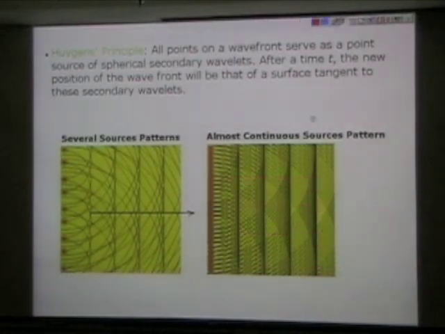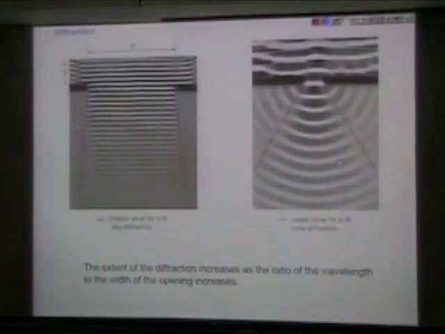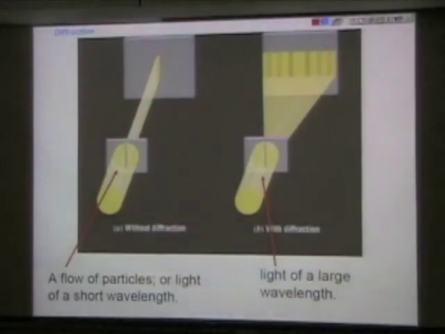However, as long as the wavelength is of similar size to objects, openings, obstacles, in that case, the wave nature of light is very important. And so the difference between these situations, same light, same screen, is that the width of this slit is different.